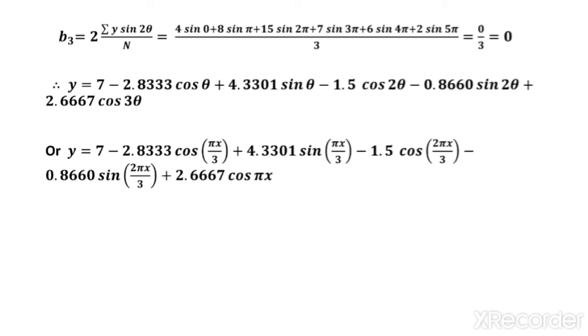Harmonic analysis is obtaining the values numerically. Y equals A0 by 2, then put all the values A1, B1, A2, B2, A3, a third harmonics problem, right? So, you put the values till third harmonics and obtain. Replace all theta values by pi x by 3. This is the numerical answer.